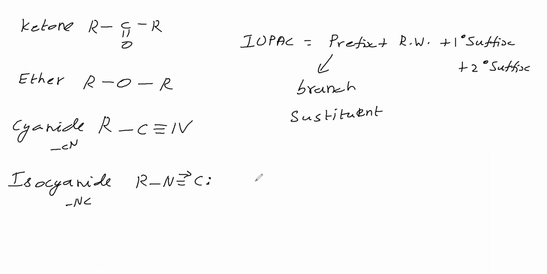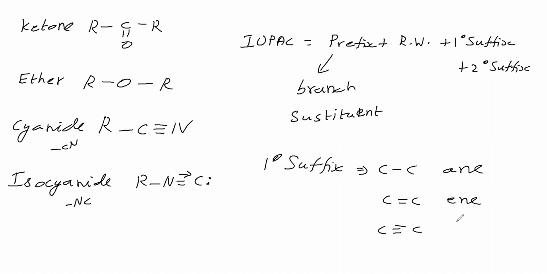Then the primary suffix. When is the primary suffix what? Carbon-carbon single bond means we give "ane" as the primary suffix. If a carbon-carbon double bond is there, then you give the primary suffix "ene". If a carbon-carbon triple bond is there, you give the primary suffix "yne".